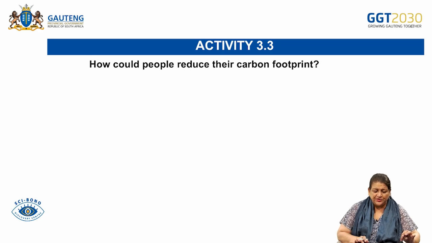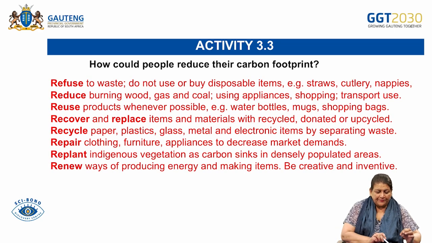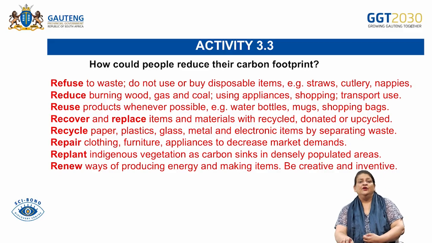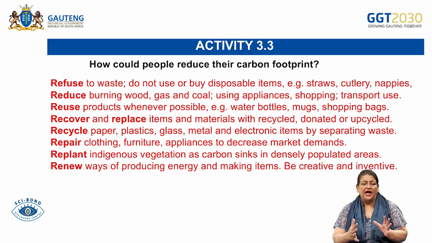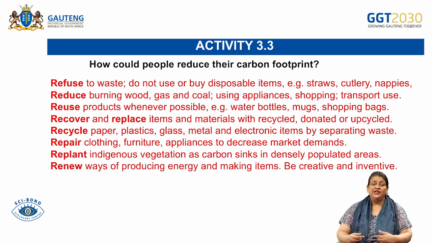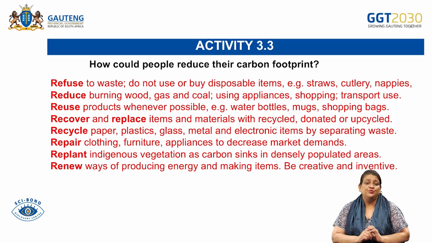So how could people reduce their carbon footprint? We must refuse to waste. That means we must try, for example at schools, to bring our own containers to eat food, so we don't have to use plastic or polystyrene containers. Polystyrene is one of the highest contributors to CFCs in the atmosphere because it's non-biodegradable, it doesn't break down, and it releases CFCs, which destroy our ozone.